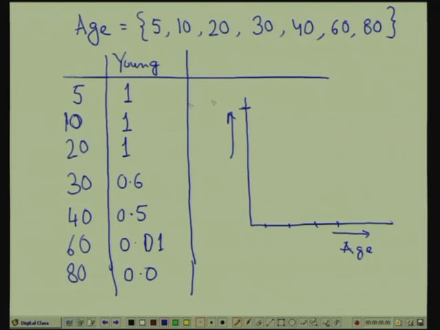So, for 5, 10, 20 the value is 1, and after that it has come to 0.6, and after that it has come to 0.5, and then there is a sharp fall. This is our young. This graph is representing young, and the same thing can be represented in the form of a table. That is one way we can represent a fuzzy set in a computer.